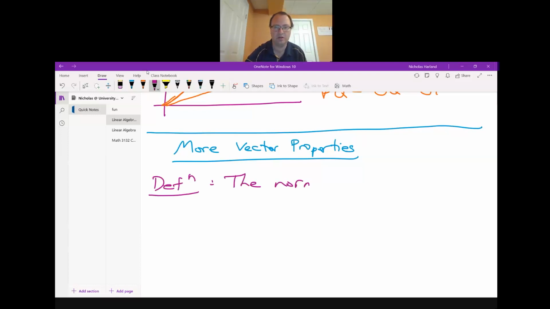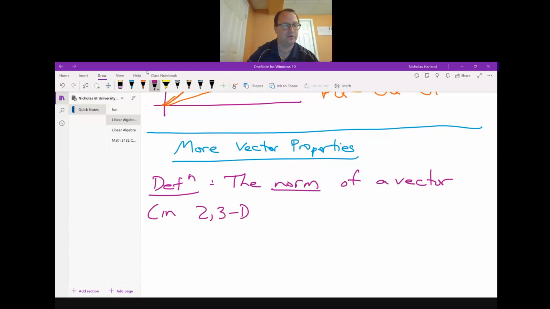So the norm of a vector, in 2 or 3D, we're really referring to as the length. It is going to be, and really we're just using the Pythagorean theorem.